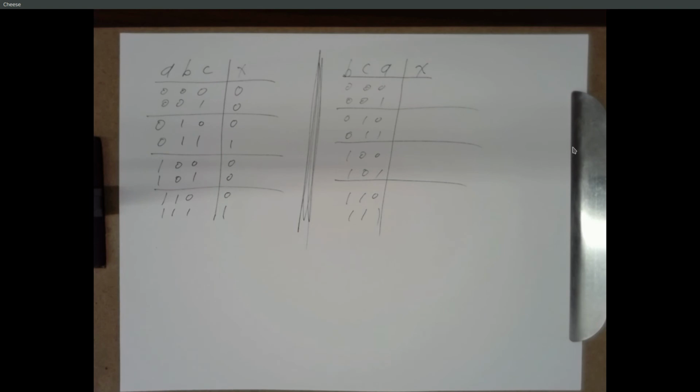A is 0, B is 1, C is 1. So yeah, your BCA truth table, right? It's easier to see this if you number it in the usual way: 0, 0, 0, 0, 0, 1. To make a new table to represent the same information.